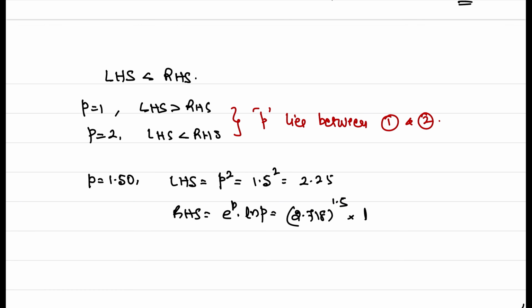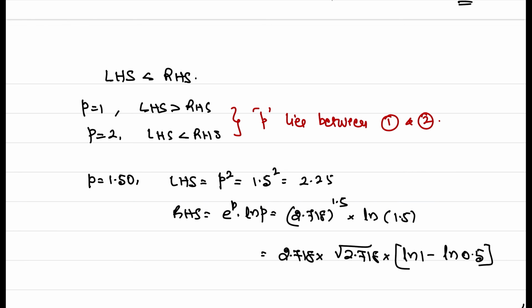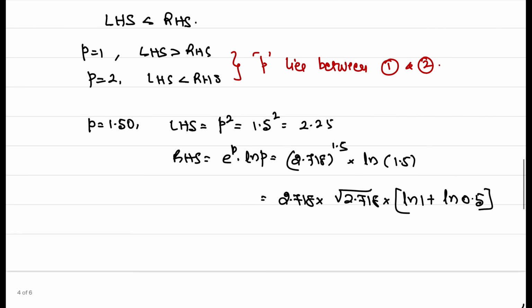It's very easy to find out. ln 1.5 is nothing but ln 1 minus ln 0.5, ln 1 plus ln 0.5.